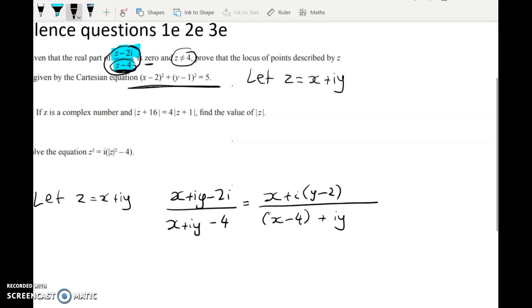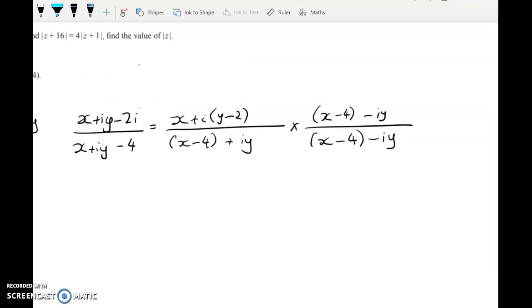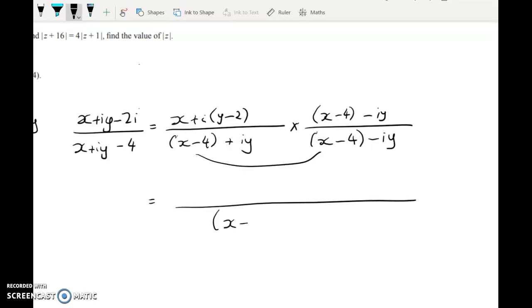So we start off like that, and now I multiply through by the conjugate. So x minus 4 minus iy times x minus 4 minus iy up here. It's a proof question, so I'm going to be pretty careful to show that I know what I'm doing. And that means that in the denominator, when we multiply this out, we're going to have x minus 4 squared.